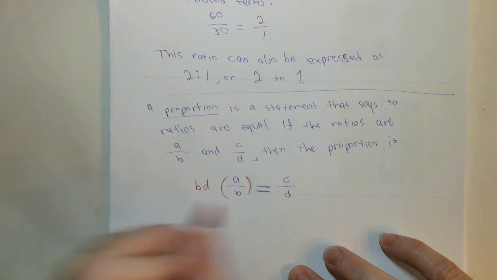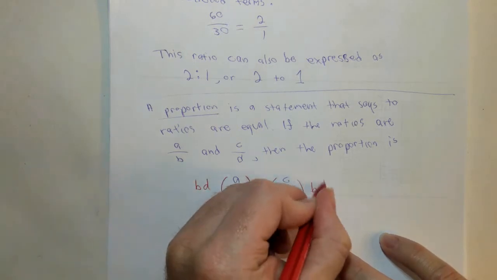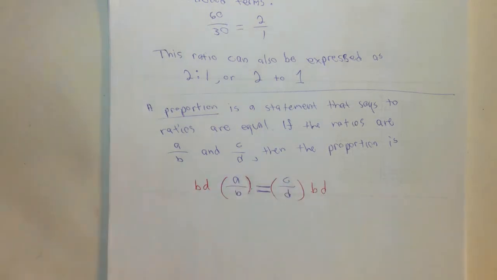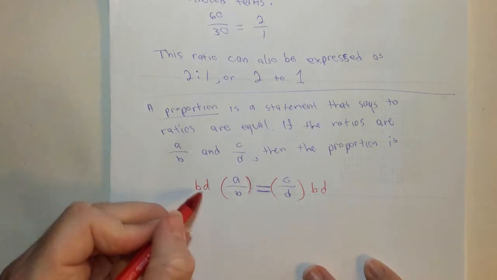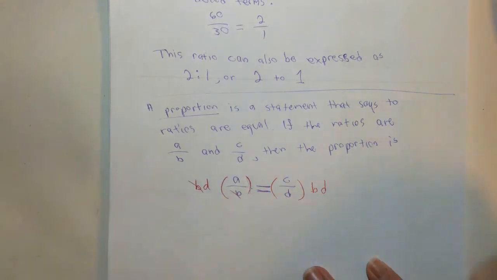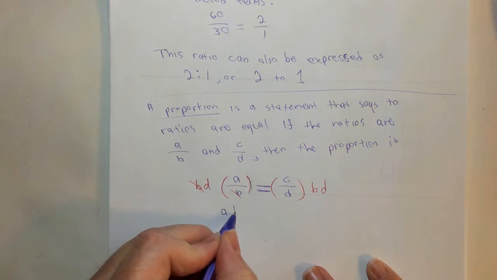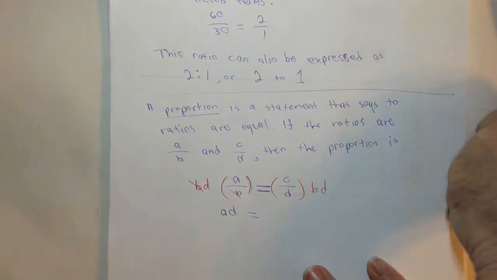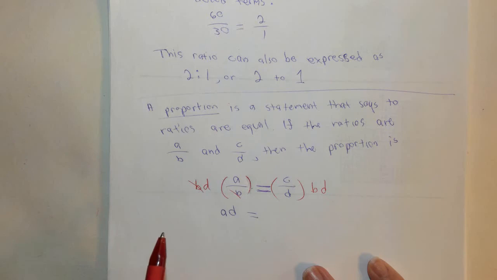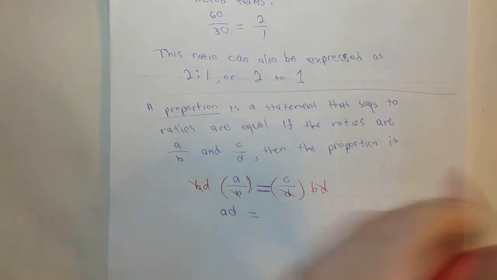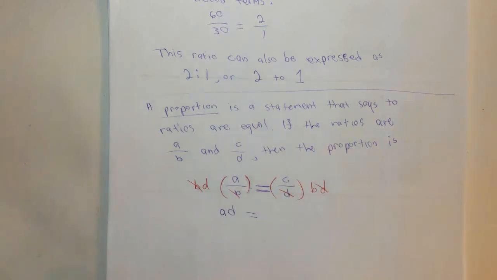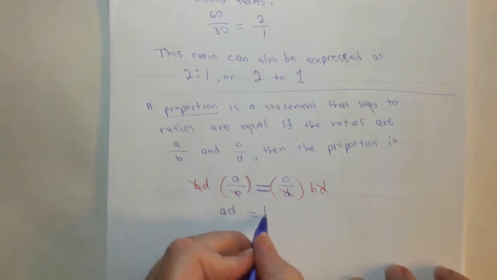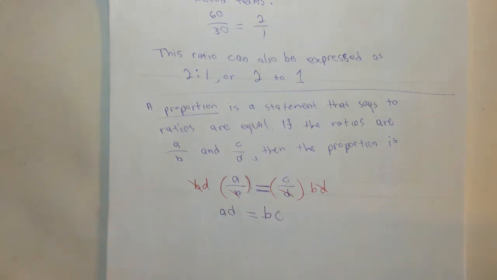B times D, B times D. So in this case, the B cancels here, and that's just A times D. And then here, the D cancels, and that's just C times B, or BC. So of course, we could just cross multiply that instead. I'll show you what I mean over here.